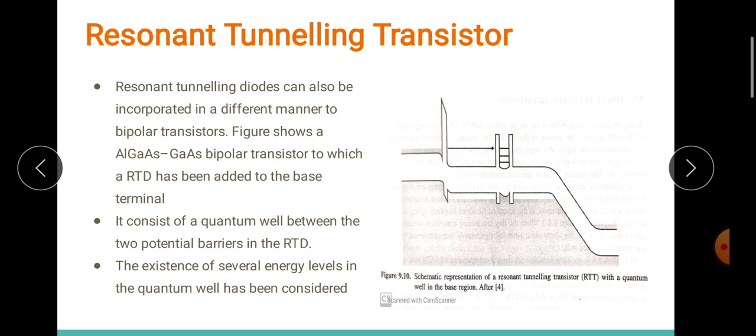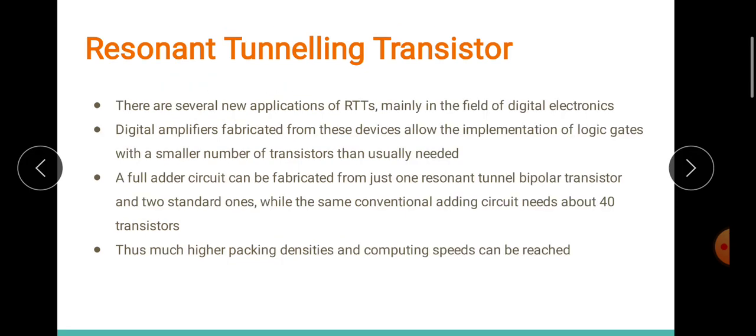That's it. Now what are the applications? We'll just go through these. Applications of RTT. Basically they have huge application in digital electronics, maybe in the form of digital amplifiers, adder circuits, amplifier circuits, various devices because of their specific performances.